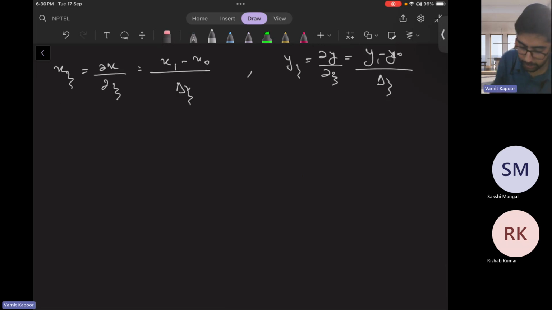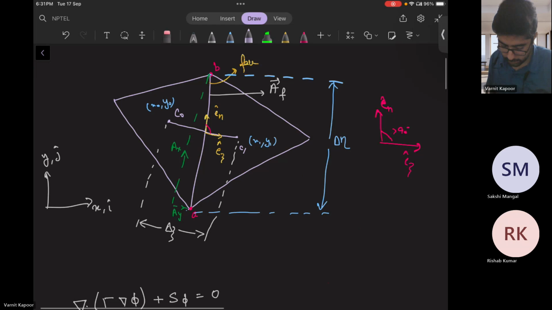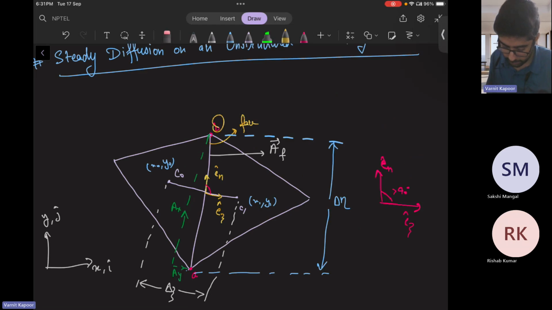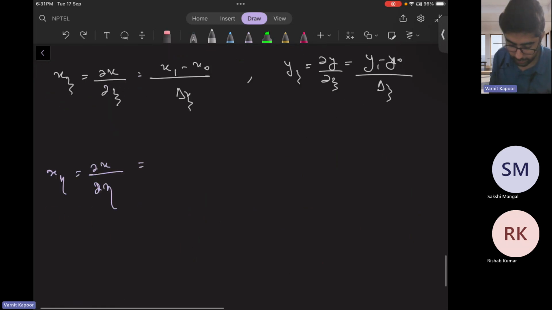Similarly, x eta pointing in the other direction. Dou x by dou eta, how much will that be? Now this time, eta is pointing in the A and B direction. So eta is in this direction. So how will I write? X of B minus x of A over del eta.